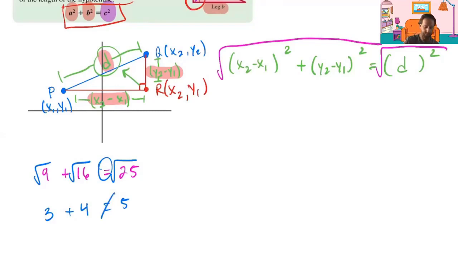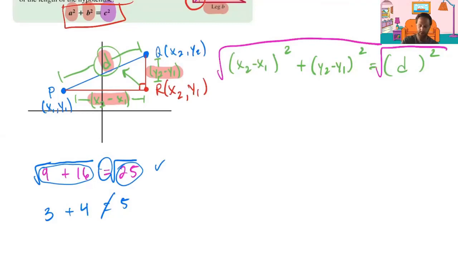But if we would have just taken the square root of the whole thing, then we would have had 25, just like we have over here. That's underneath the root, and now it would be true. Okay, so that's why, unfortunately, we have to square this whole side over here, because we're squaring this whole side.